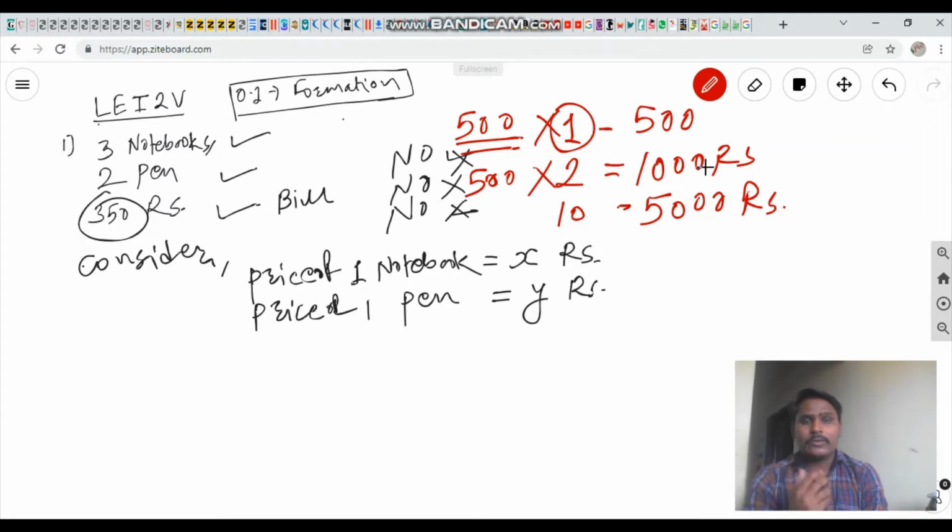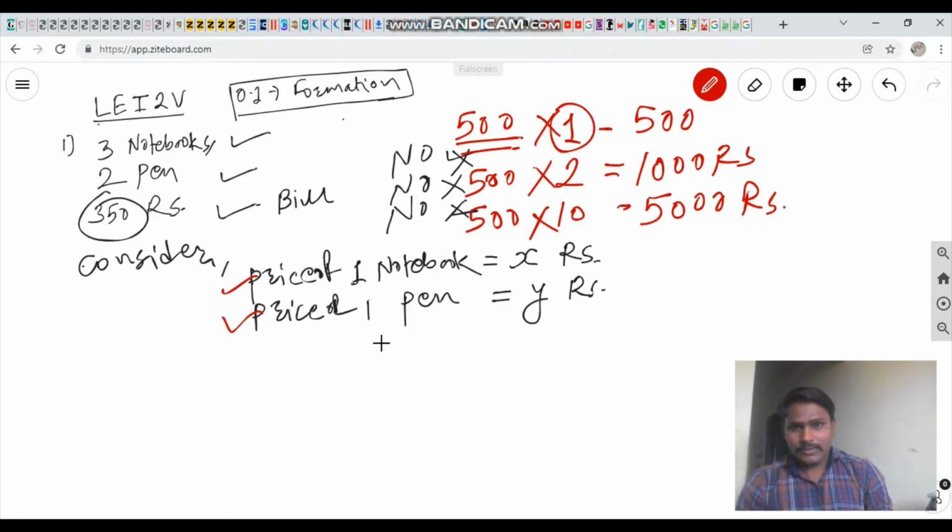For 2 watches we have to pay 1000 rupees. Now if the number of watches is 10 and the price per watch is 500, then we have to pay 5000 rupees. So what we are doing here is multiplying the price of one item by the number of items. The same thing we have to do here also: the price of pens and the price of notebooks, that we have to add here.